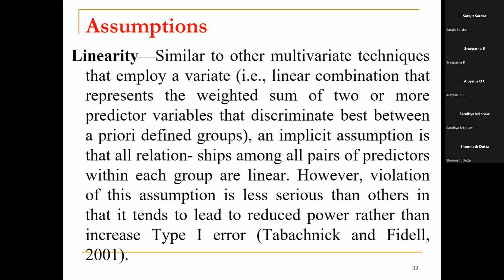If there is a strong correlation between the independent variables, there may be an overlapping effect on the dependent variable, which will reduce the prediction power of the developed model. So it is essential to check the linearity as well as the multicollinearity between the independent variables.